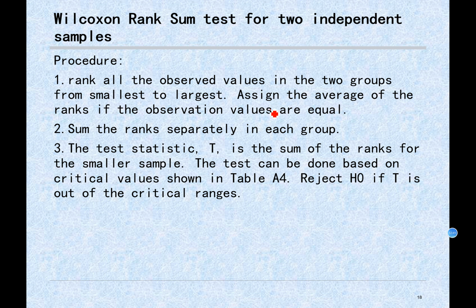And in table A4, it's still a critical range, so it's similar to table A3. If we find that the T value is inside the critical range, that means P is more than alpha. We cannot reject H0. But if we find that the T is outside the critical range, that means P is less than alpha. So we need to reject H0.